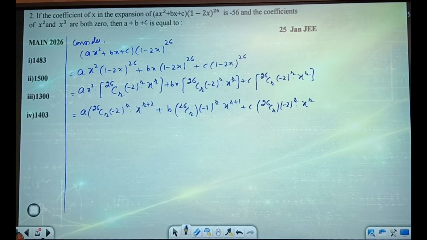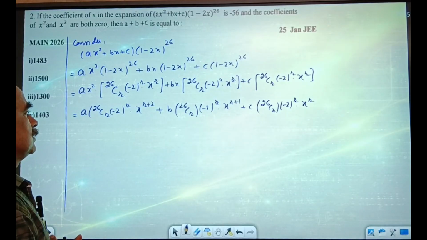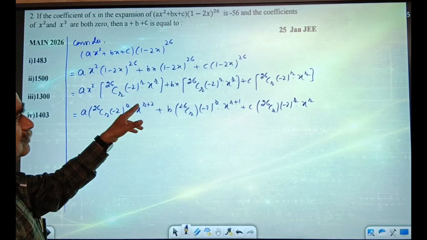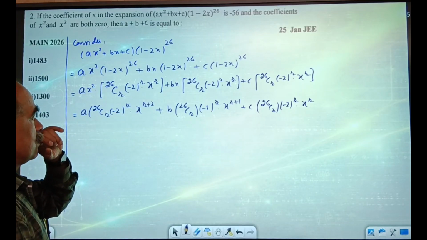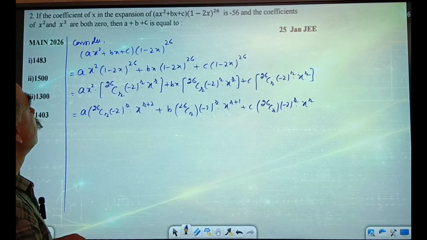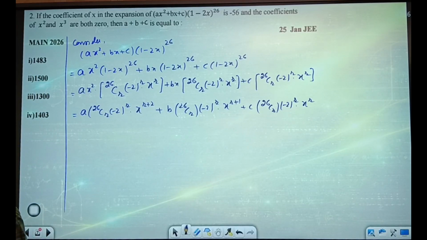Now they mentioned the coefficient of x. For x, R cannot be 0 in the first term.